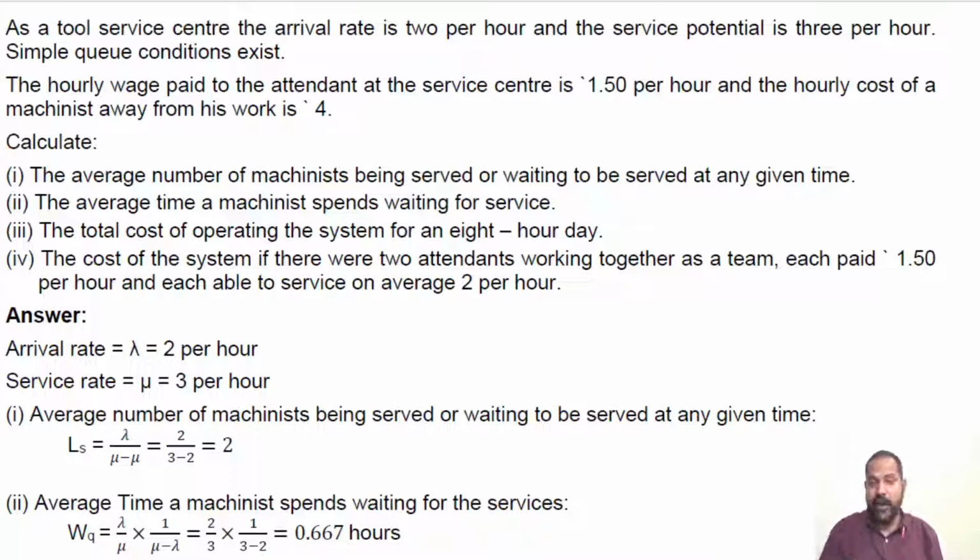I am paying him 1.5 rupee per hour. And cost of machinist away from work. Machinist away from work is how many? 2 per hour. Okay, let me start doing the costing for you then with whatever data I have.